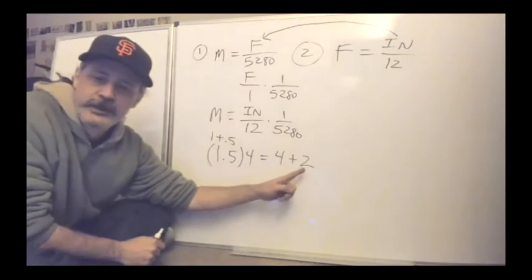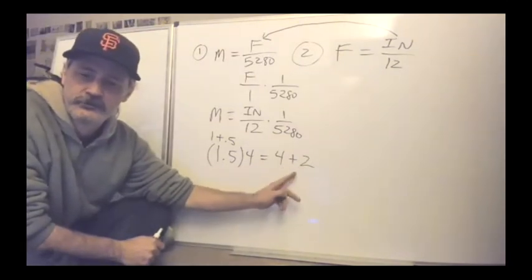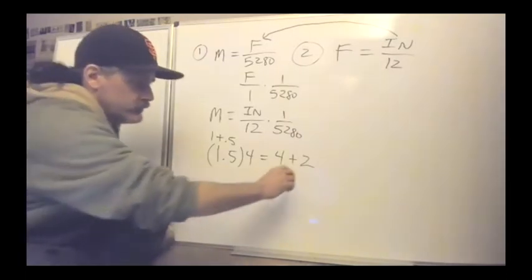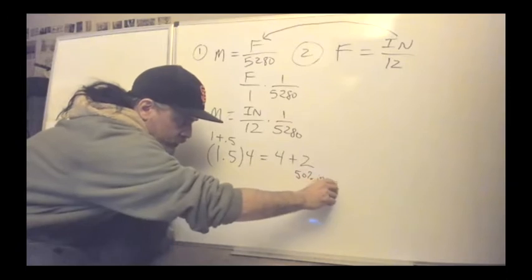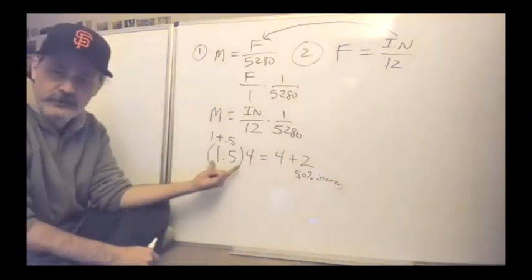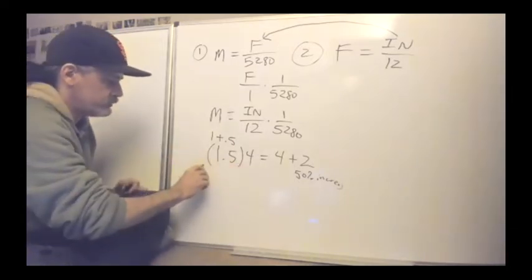And so what we added to the 4 is half as much as what we started with. So this is called a 50% increase. And so notice that really means we're multiplying by 1.5. That's called the growth factor.